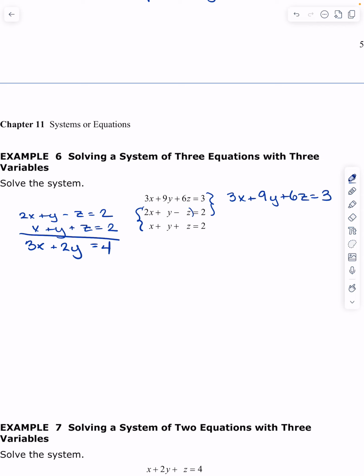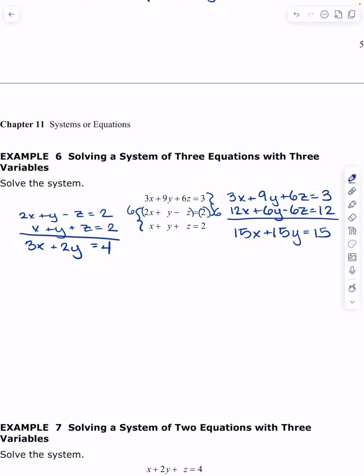I'm going to multiply this equation by 6. So I get 12x plus 6y minus 6z equals 12. When I add them together, I get 15x plus 15y equals 15.